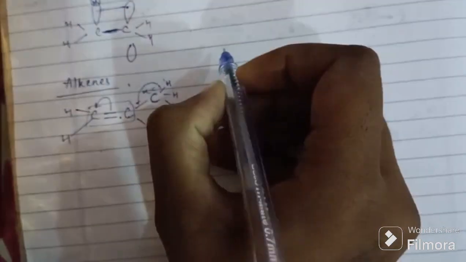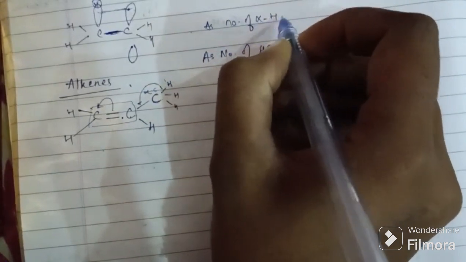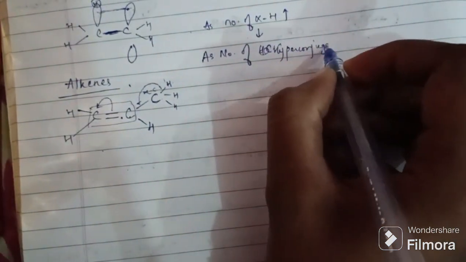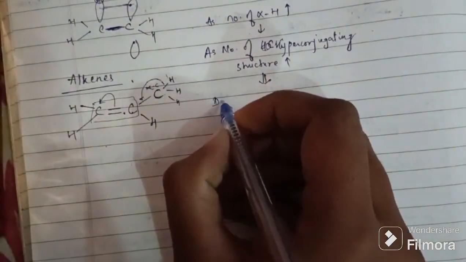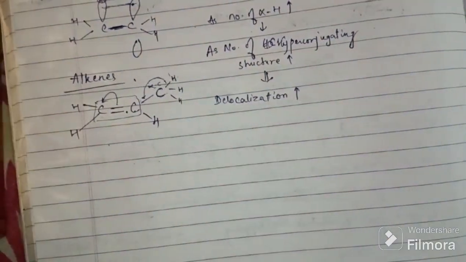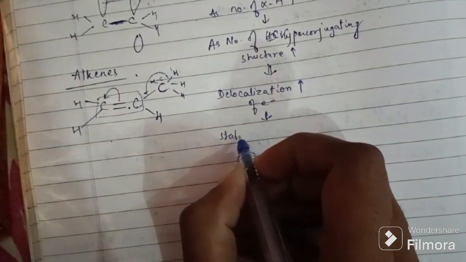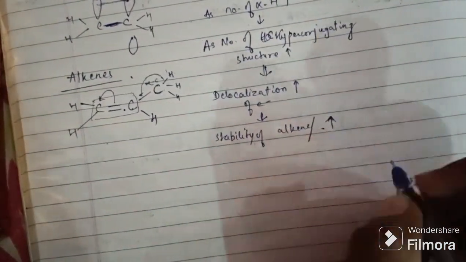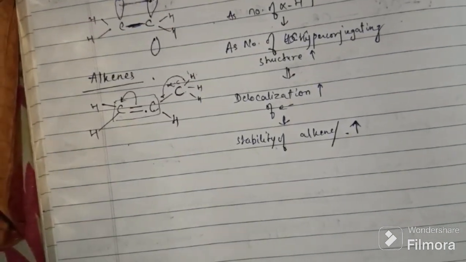As delocalization of electrons increases, the stability of the alkene, carbocation or free radical increases. So overall, as the number of alpha hydrogens increases, the stability of the compound increases.